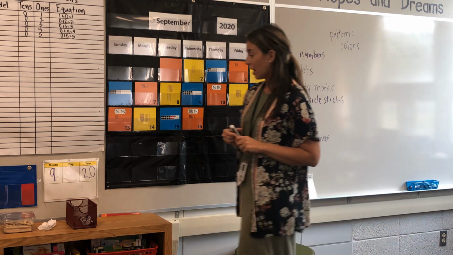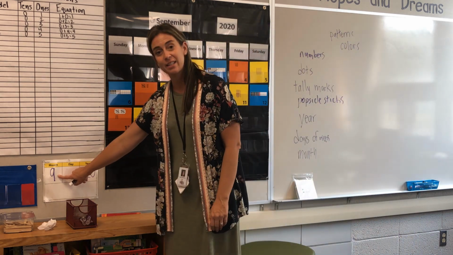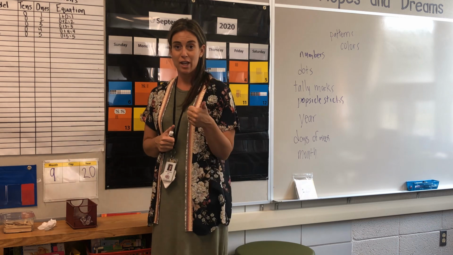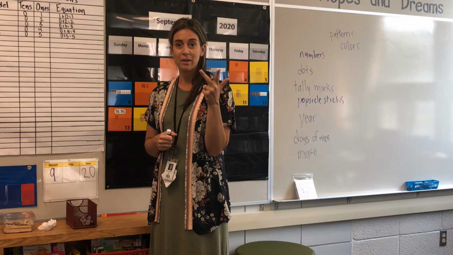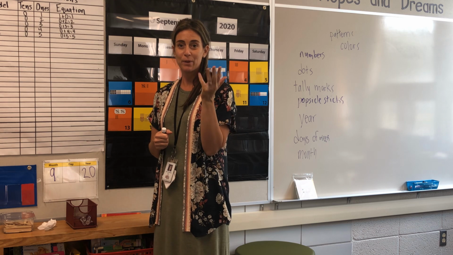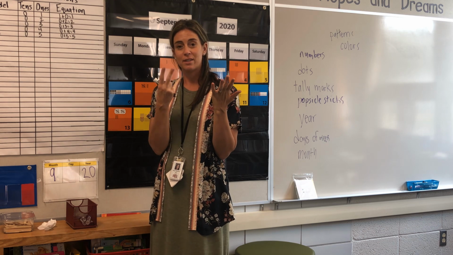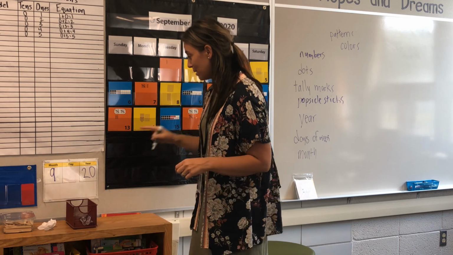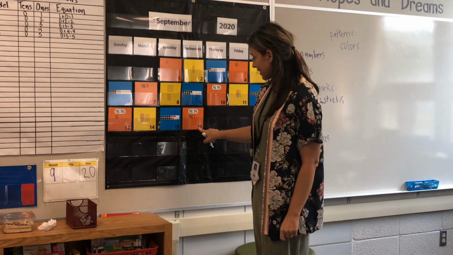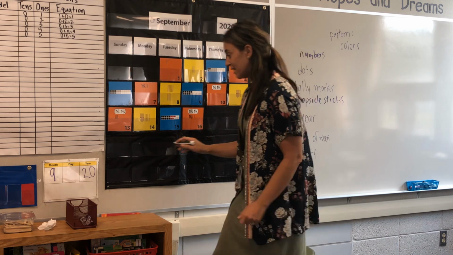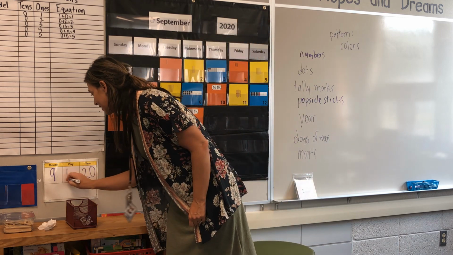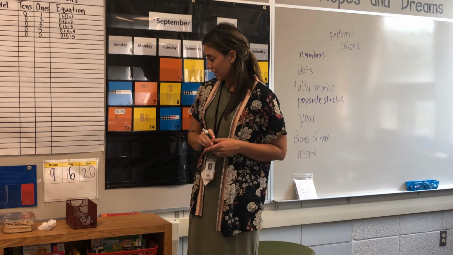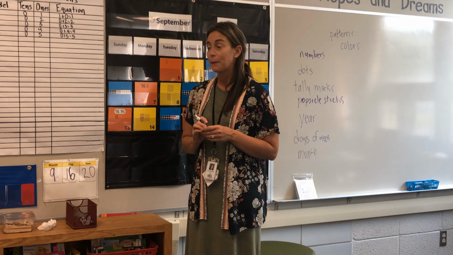So for our month, it is still September, so we write 9 because it goes January, February, March, April, May, June, July, August, September, so it's been 9 months. The day today is 16. There have been 16 days in September. And we write 20 because the year is 2020.